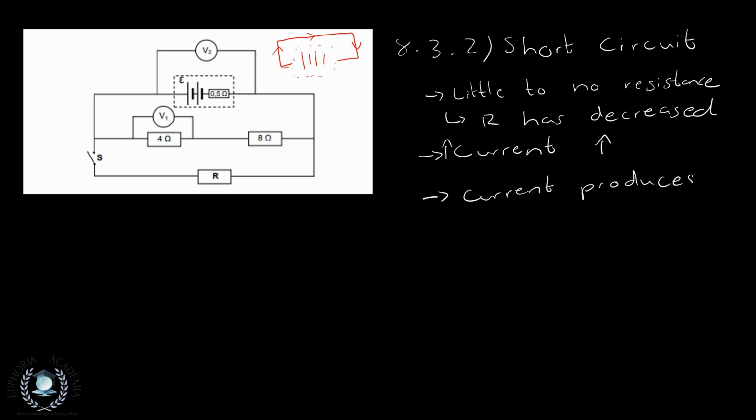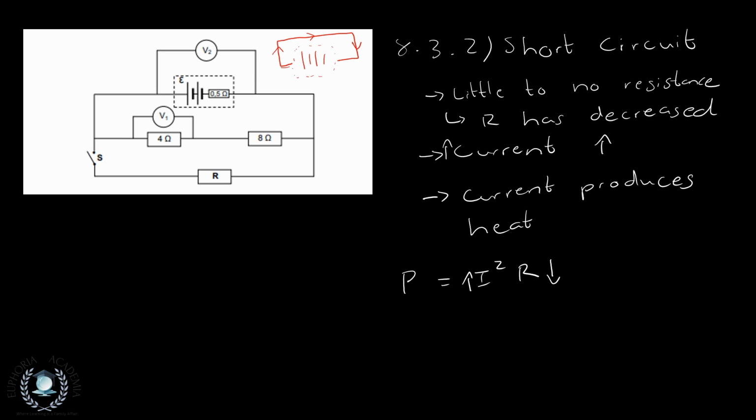And we can see that in the following equation where we use the power equation. So power is equal to I squared multiplied by R, right? So we know that our R decreased, but our current increased. Now, if it even increases slightly, it's even increased by the square of that amount.